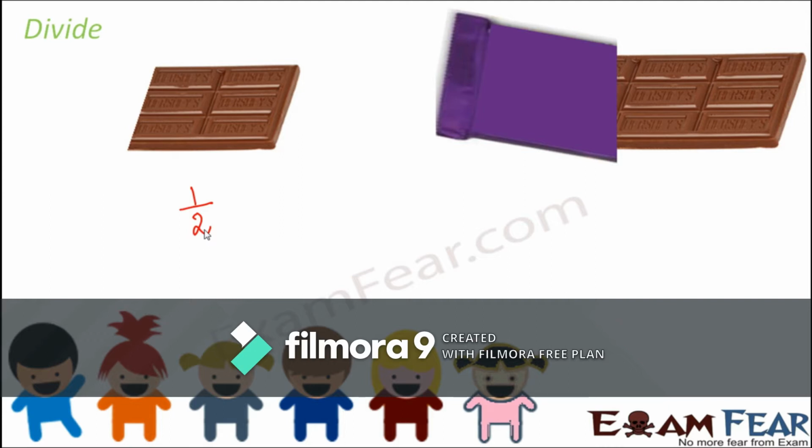So now you need to divide this chocolate among 6 of your friends. You are anyways not going to get anything. Maybe you can later try to get it from your mom. But right now you have to divide this half of the chocolate amongst 6 of your friends. So what you need to do, you need to divide half of this chocolate amongst 6 of your friends.